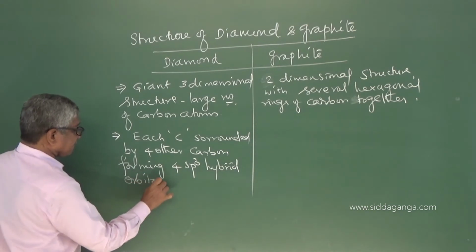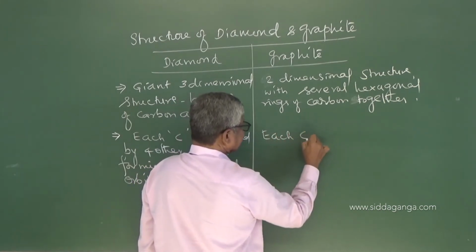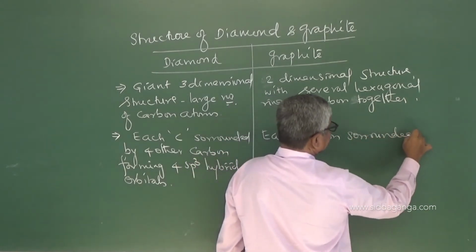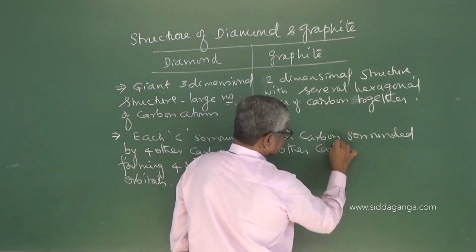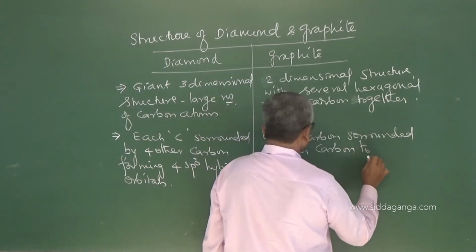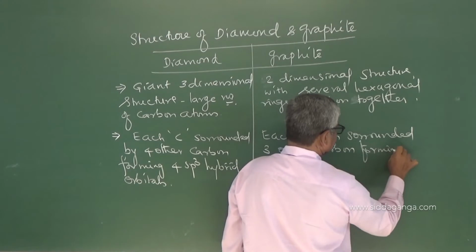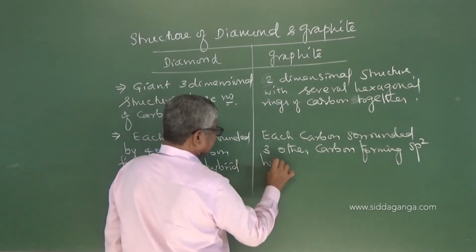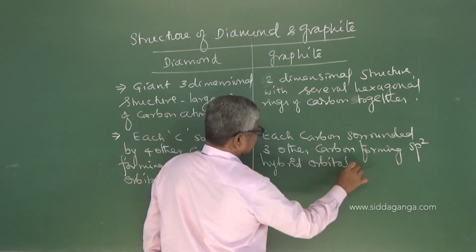Here in graphite, each carbon is surrounded by three other carbons, forming sp2 hybrid orbitals.